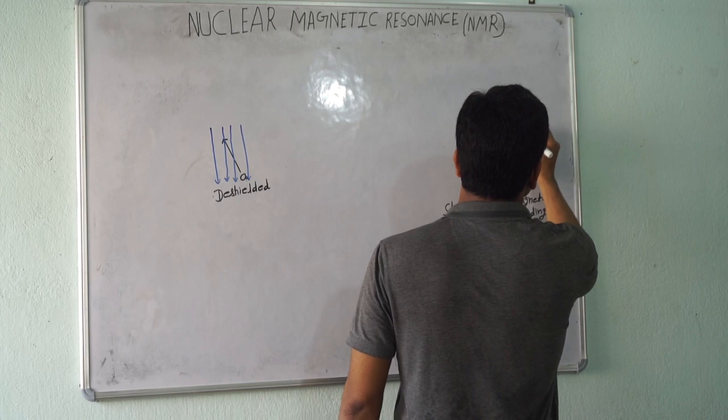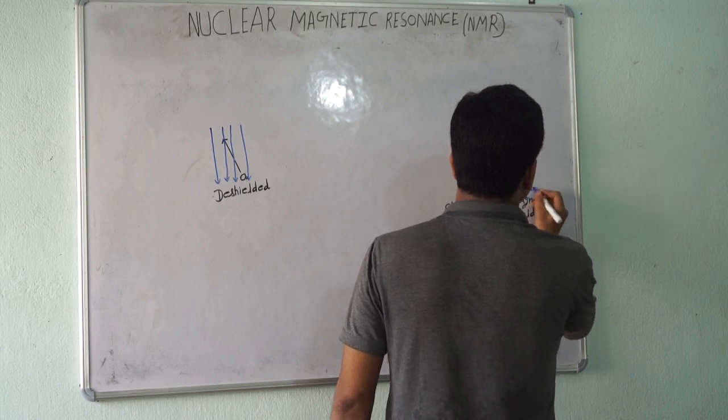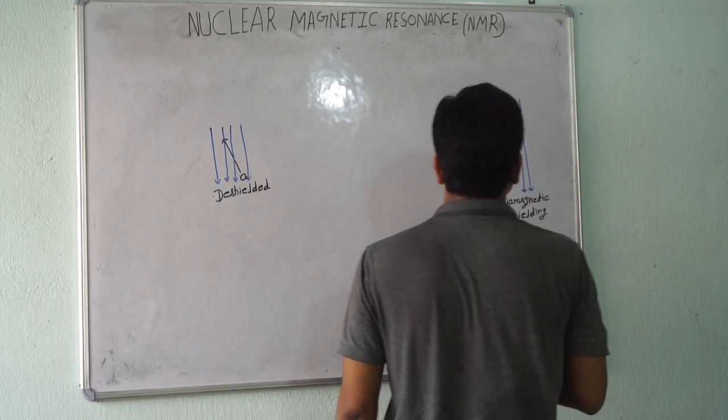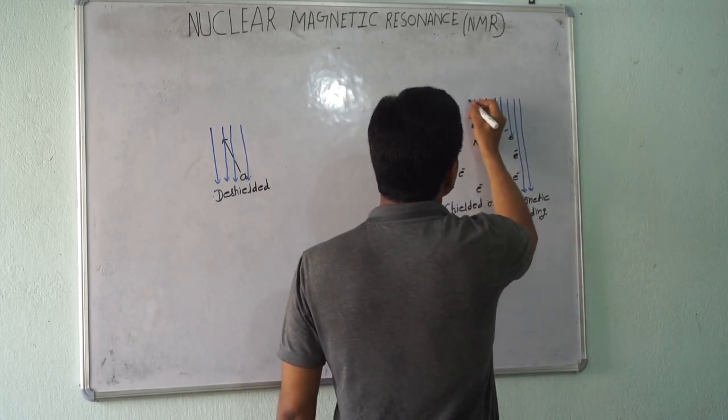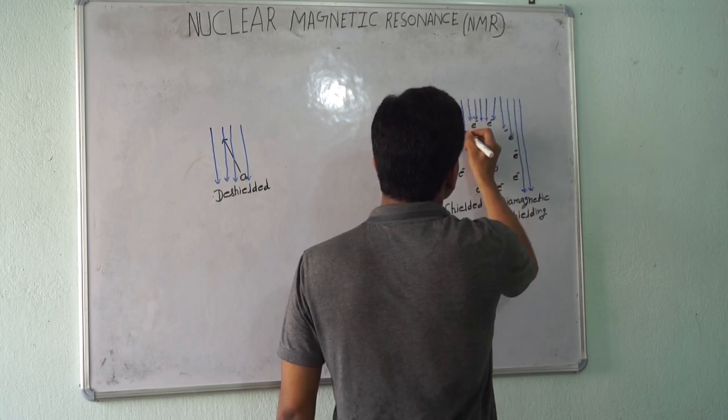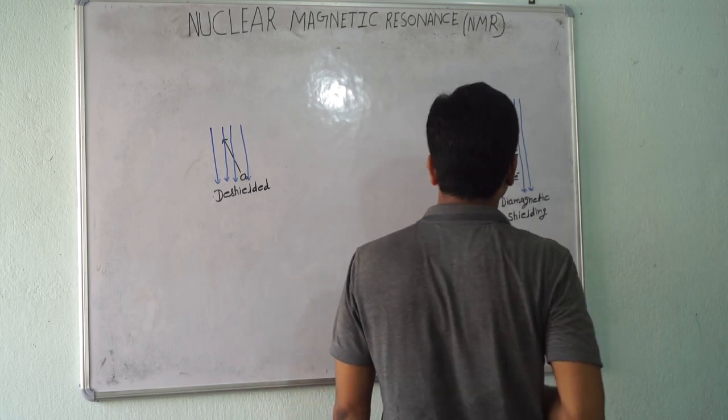Blue arrow is indicating the direction of the external applied magnetic field, and black arrow is indicating the direction of the magnetic field of the hydrogen atom.